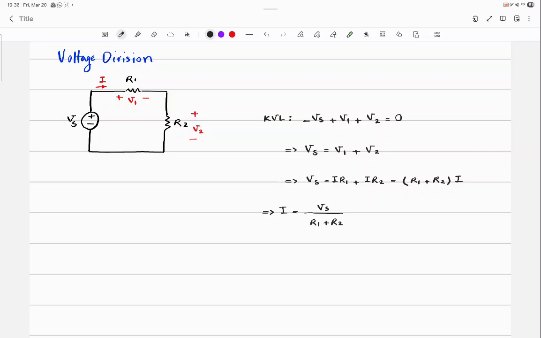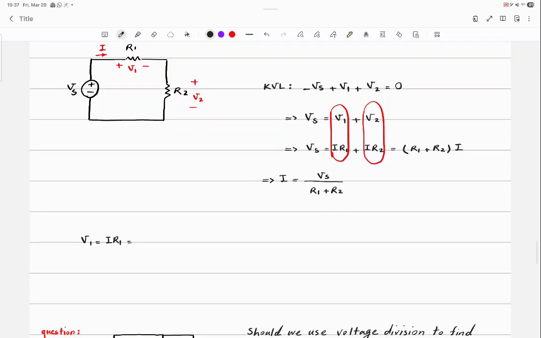Now, let's find V1. Remember, this is V1, and the same goes for V2. So V1 is equal to I R1. And instead of I, I'm going to write the expression that I have for I, which is Vs divided by R1 plus R2, times R1.